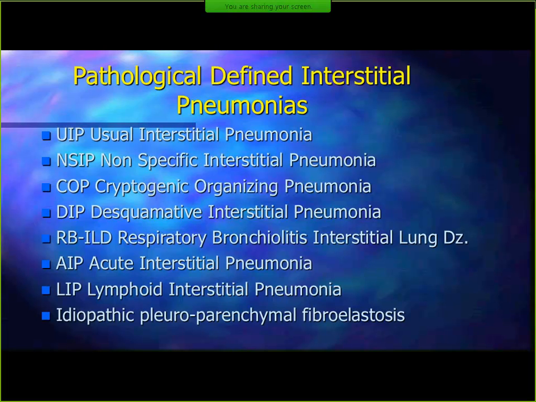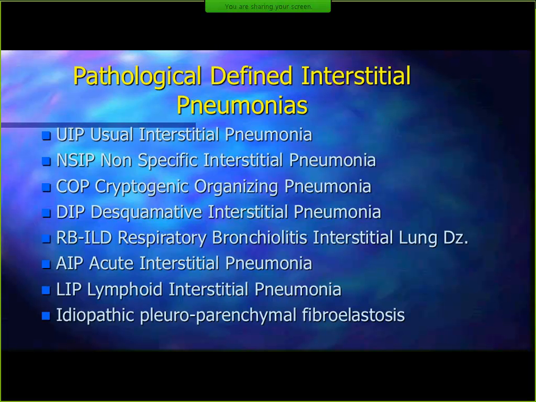This one, usual interstitial pneumonia, you could see this pattern in burnt out hypersensitivity pneumonitis. And this one is very often in collagen vascular disease, or sometimes it's idiopathic. This one is unknown why, but it has a good prognosis. This is related to smoking, as well as this.